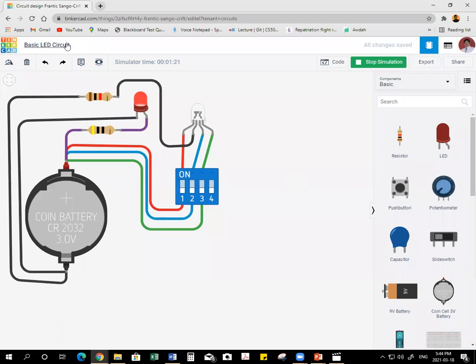So this circuit name I can change to RGB. Now stop the simulation. Now I want to save, so just change the name, finish the circuit, check the simulation by starting it and checking the performance, stop the simulation, and you can go back to the main Tinkercad website.